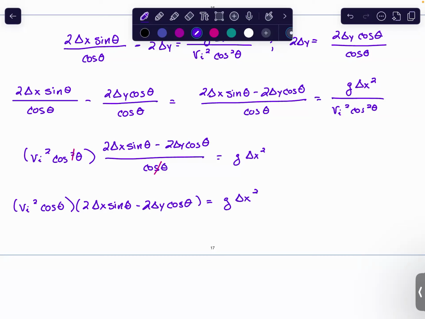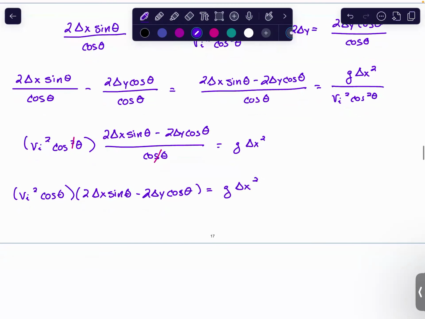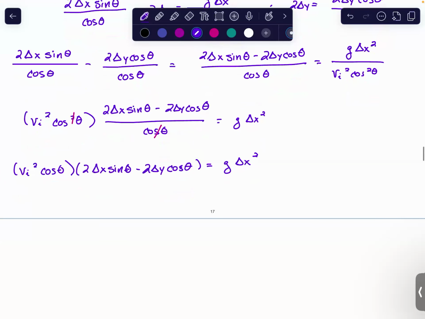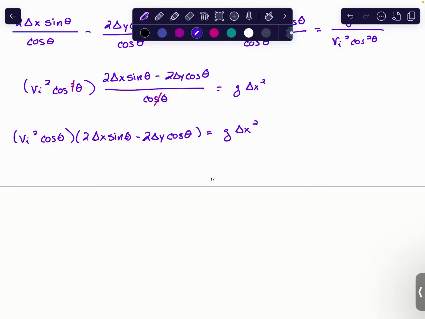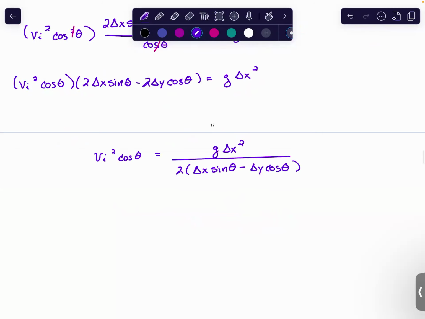Now I'm going to divide through by the 2 delta x sine theta minus 2 delta y cosine theta. And we pull that 2 out front. I'm going to divide through by the cosine theta.